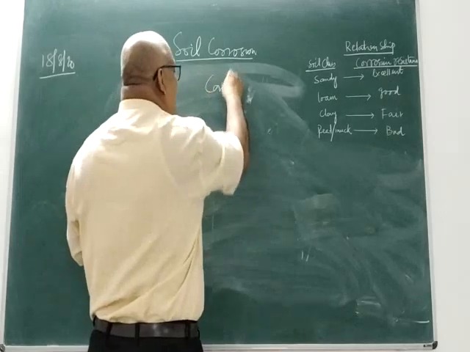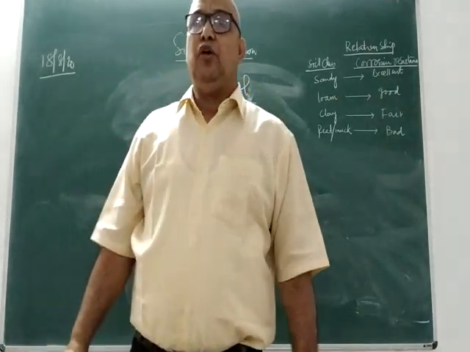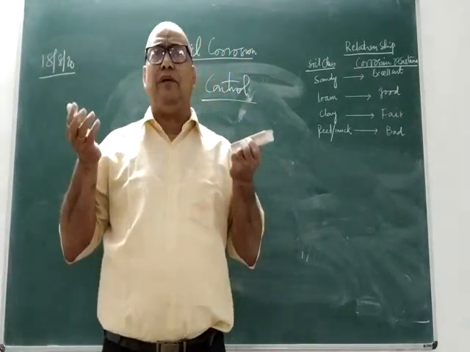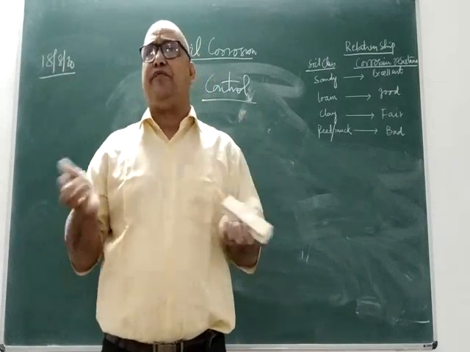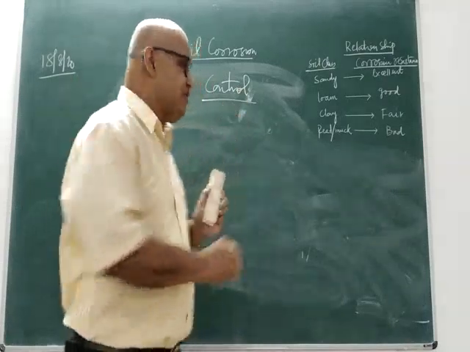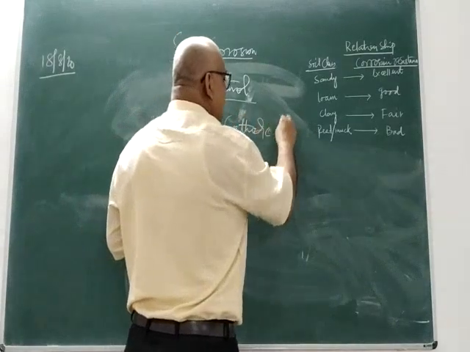As we have told you, complete control is never possible, but we can adopt measures. Also we know that whatever we build on soil surface will be susceptible to soil corrosion. But we can adopt three different measures. Number one is cathodic protection.